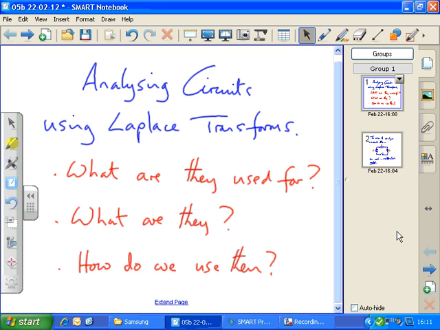You're going to use the Laplace transforms to analyse a circuit. So the aim of the assignment is to actually have a circuit and to analyse it using some software. What's the name of the software, Mike? Multisim. Multisim, thank you.